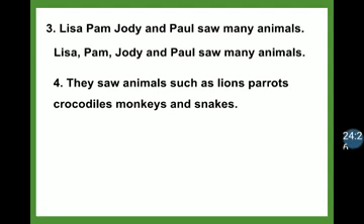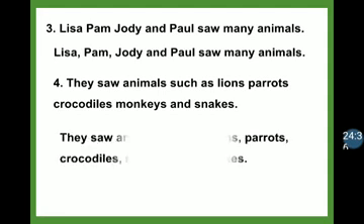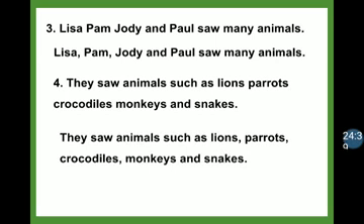If you say 4, you might be correct. But let's see if 3 is correct or 4 is correct. So, lion, comma, 1, parrot, 2, crocodile, 3. So you needed 3 commas. Let's move on to number 5.